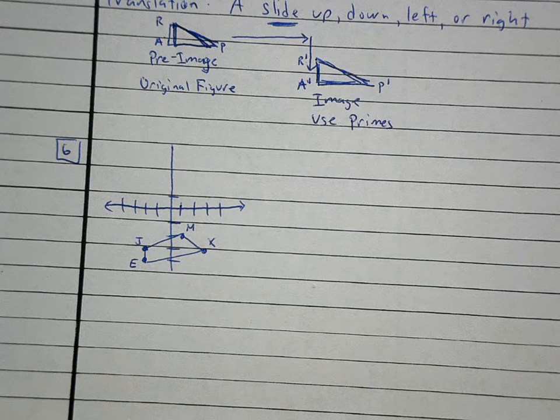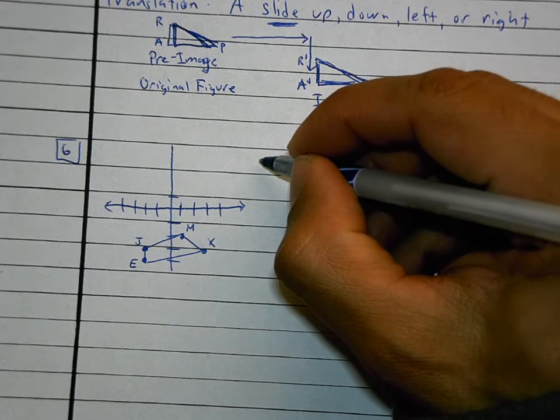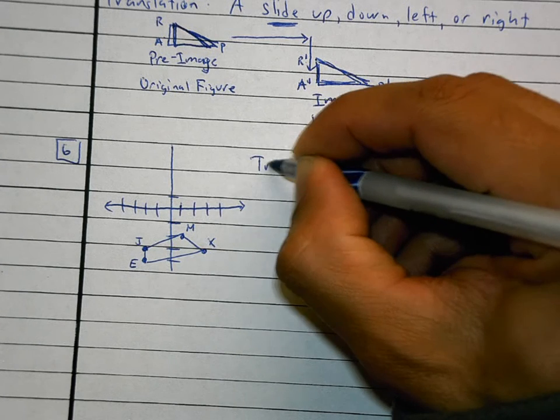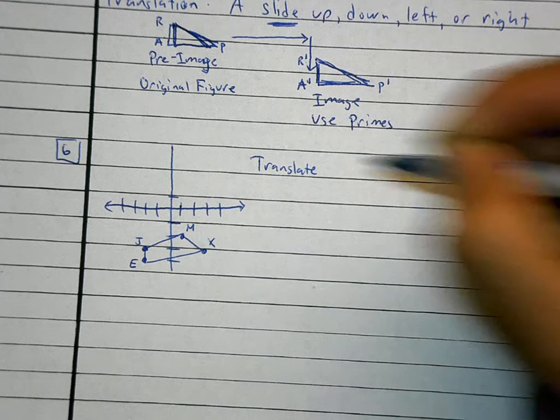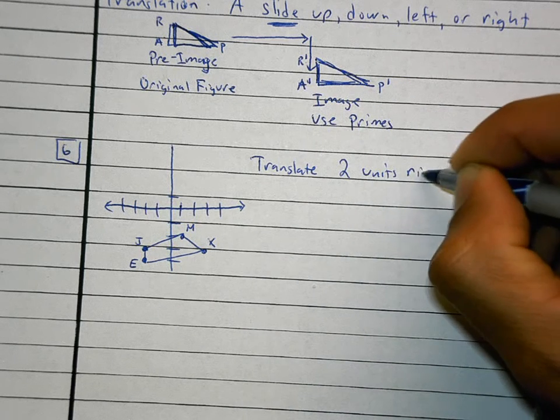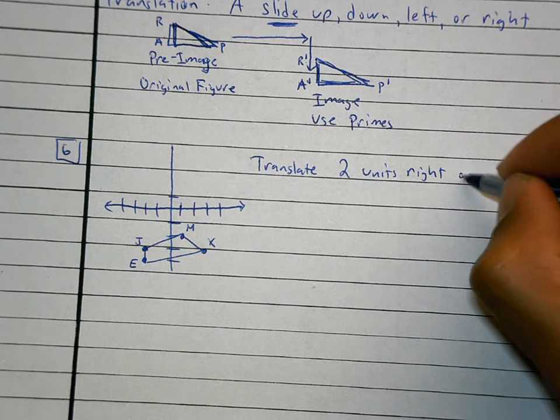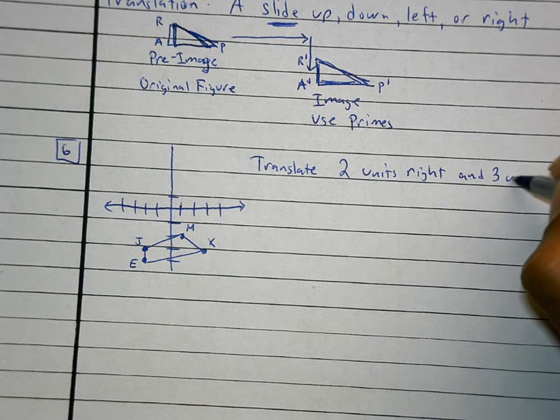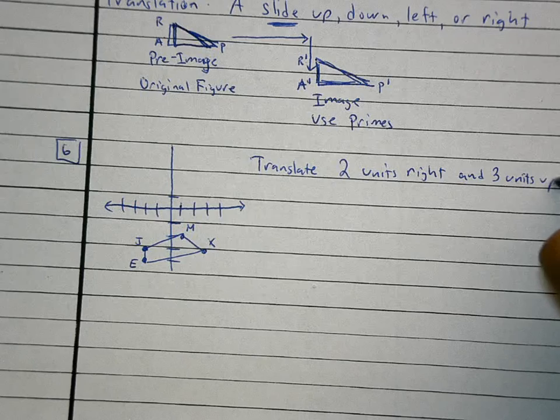And your directions will say this on number 6. It will say, translate 2 units right and 3 units up.